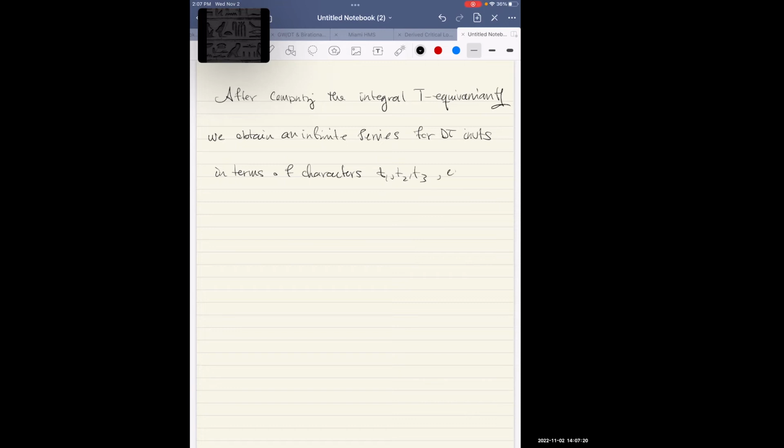For instance, in this example, C cubed, we get the partition function of DT invariants by summing over the Euler characteristic of this times q to the chi. This is exactly the integral of 1 against the virtual cycle.